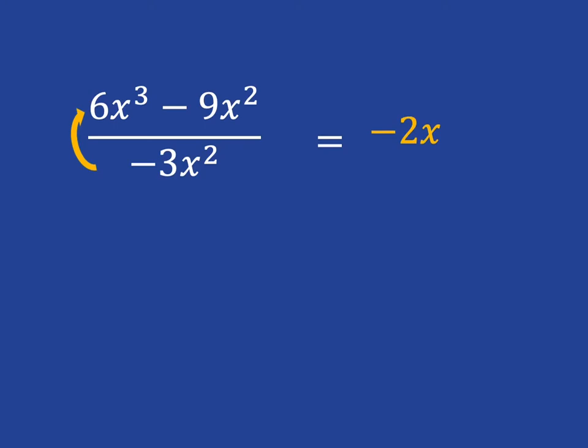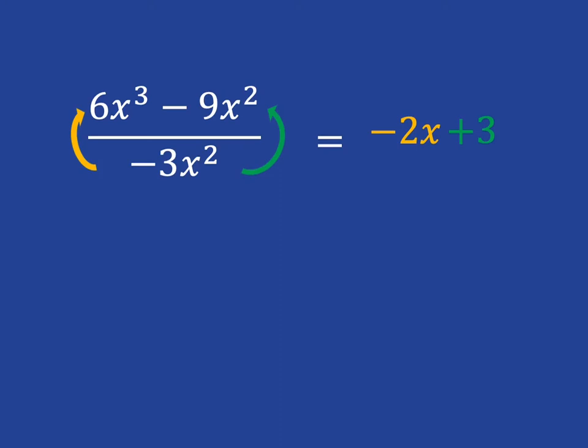So I've got negative 2x. Then I need to divide minus 9x squared by minus 3x squared. Negative divided by negative gives me positive, 9 divided by 3 gives me 3, and x squared over x squared gives me 1, so I've got plus 3.